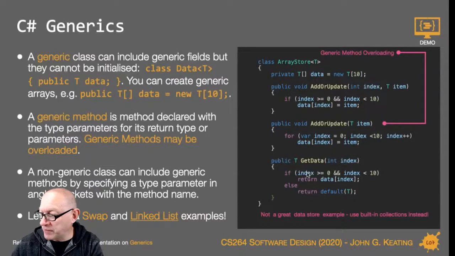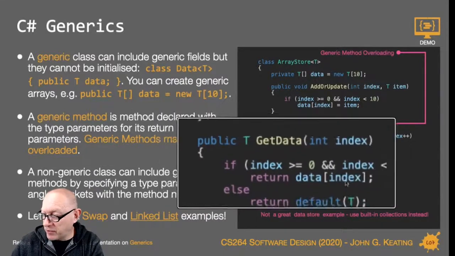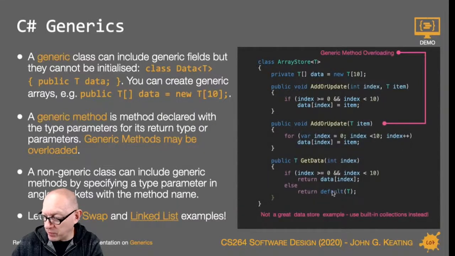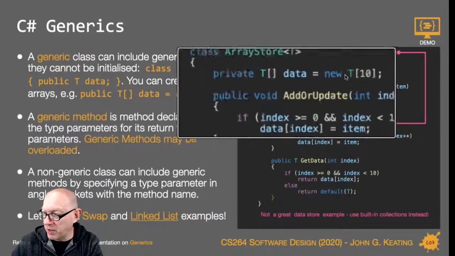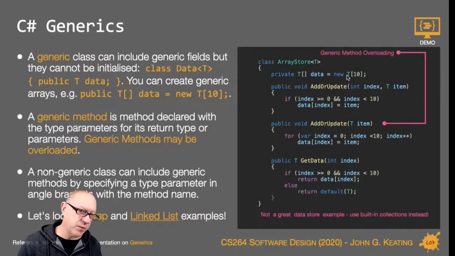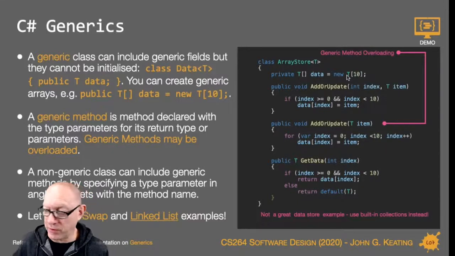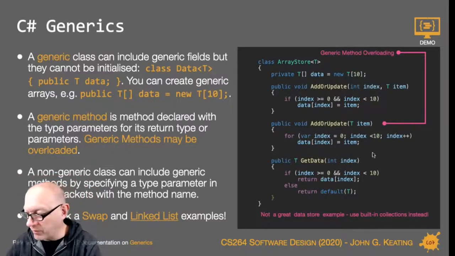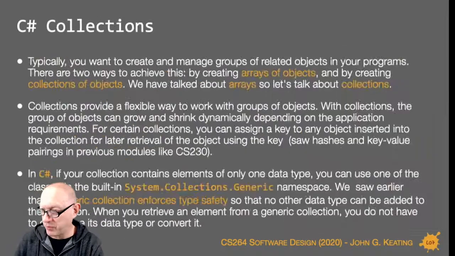And for example, we can then return the data as well, okay? Or we can return the default value for an object. It's not a great data store example because it's fixed, only 10 items, and that's why array lists are useful, and array lists are a nice example of generics. So you could see that. But the point is just for the purposes of demonstration.